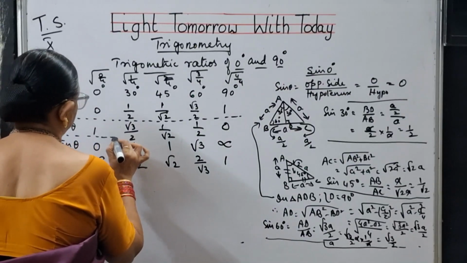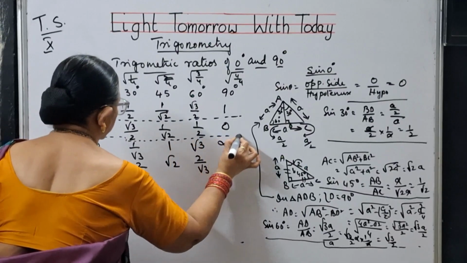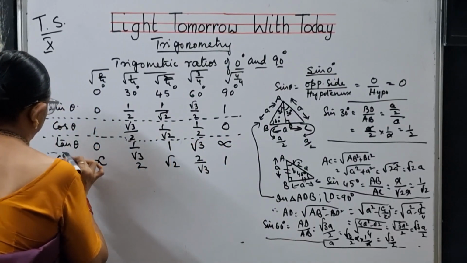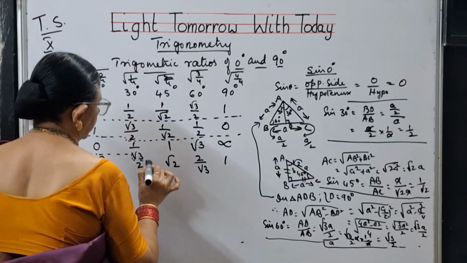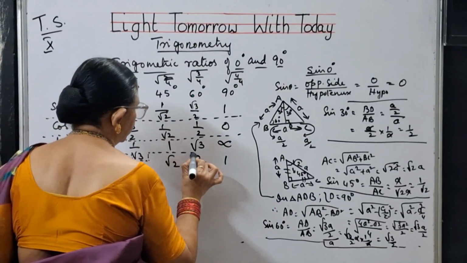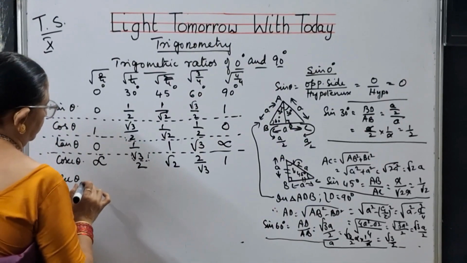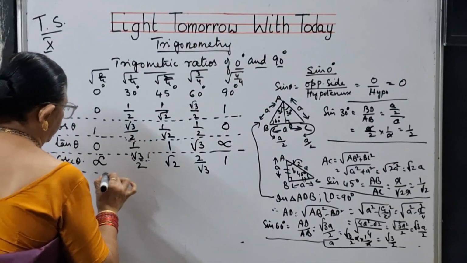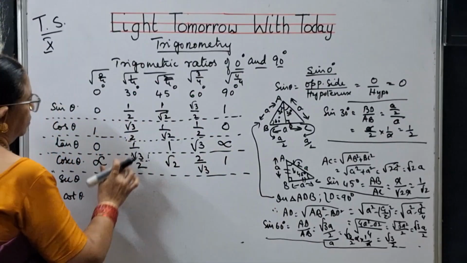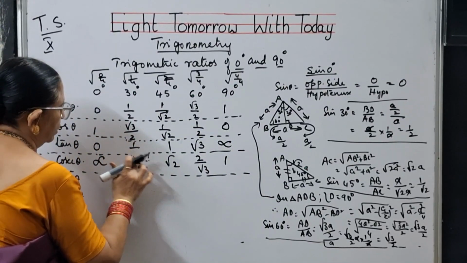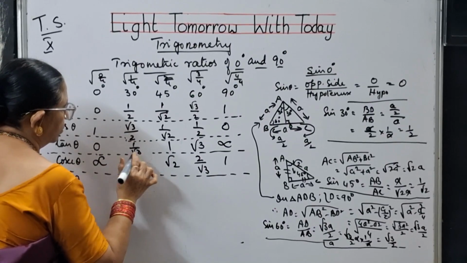And this will give you cos. And this will give you tan. And this is cosecant. This is 1 by root 3. Root 3 is for this, children. Okay.